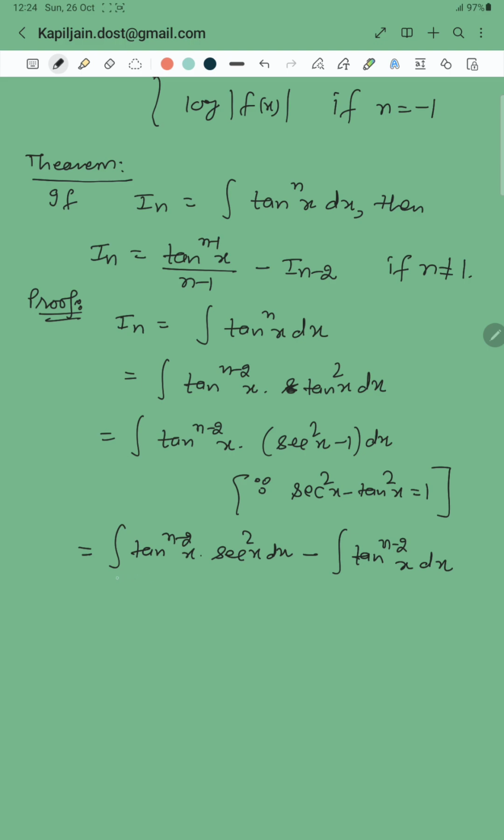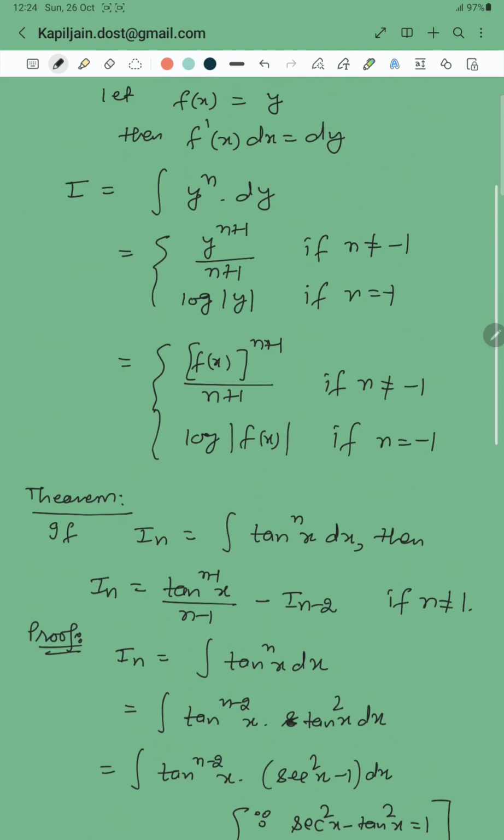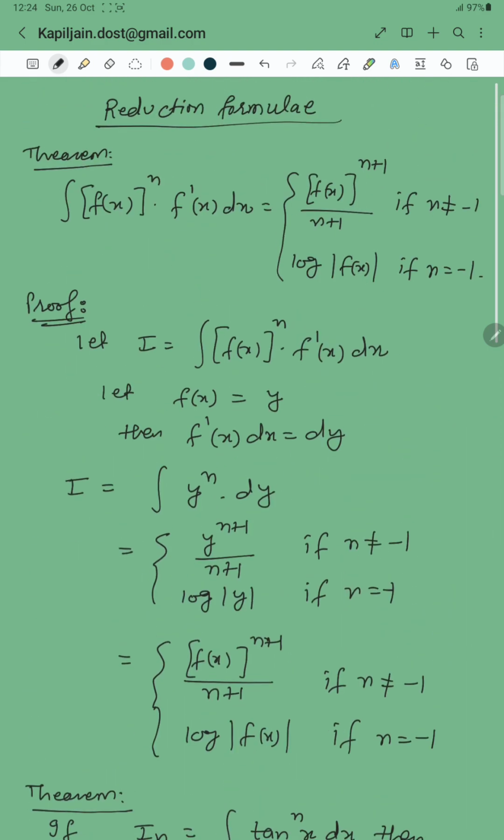Now first integral, as we know that derivative of tangent x is equal to secant square x. So by using previous theorem, integral f of x raised to power n f dash x dx is equal to f of x raised to power n plus 1 divided by n plus 1 if n not equal to minus 1.